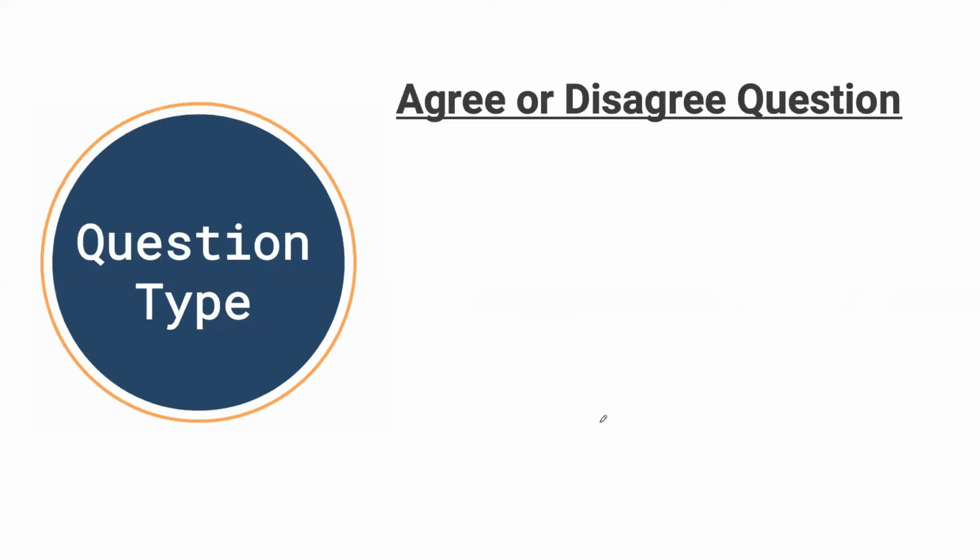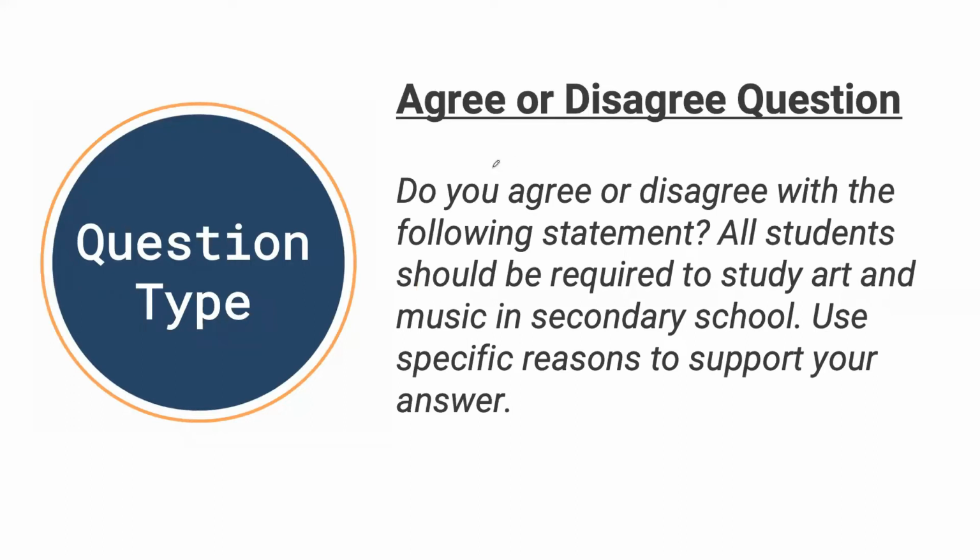Now let's look at some examples here. The first example says, do you agree or disagree with the following statement? All students should be required to study art and music in secondary school. Use specific reasons to support your answer. Now, you're usually going to see this first statement here. Do you agree or disagree with the following statement?